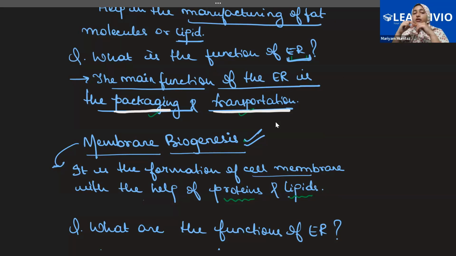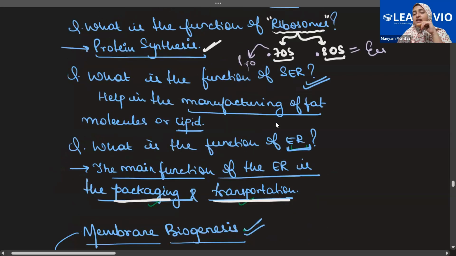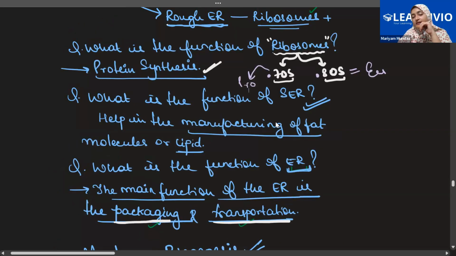It packages and then transports the material. If it is a rough endoplasmic reticulum, it will transport and package the protein. If it is a smooth endoplasmic reticulum, it will transport and package the lipids or fat. So this is what endoplasmic reticulum in general does.